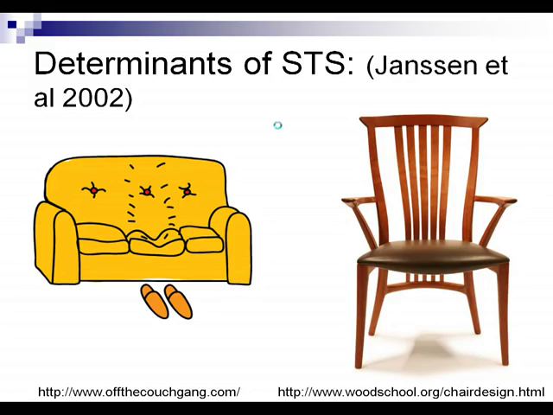Okay, so we've covered a couple of things. We've looked at why sit to stand is important. We've looked at the phases. We've looked at kinematics and kinetics. Let's now look at some factors that influence the sit to stand movement.